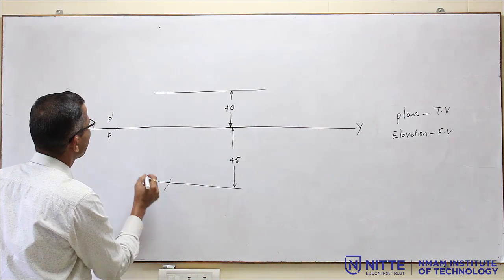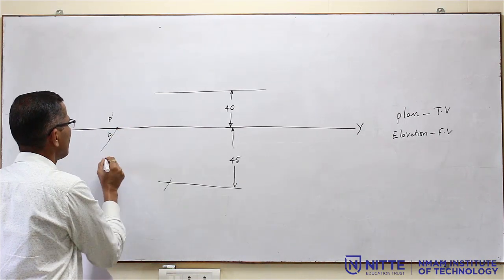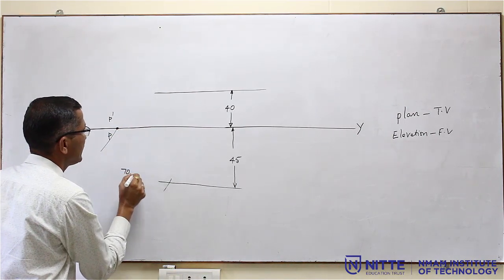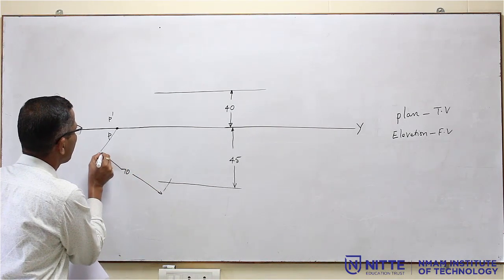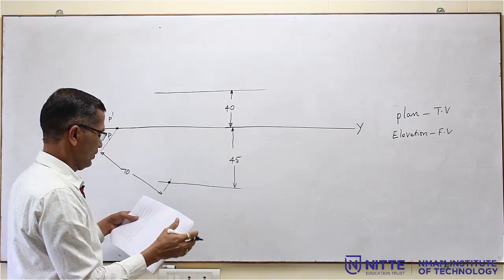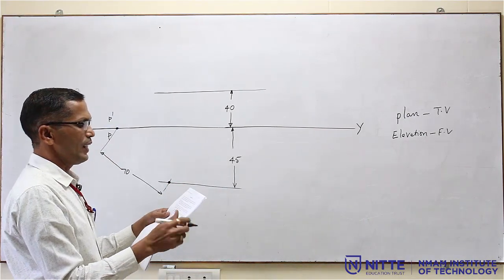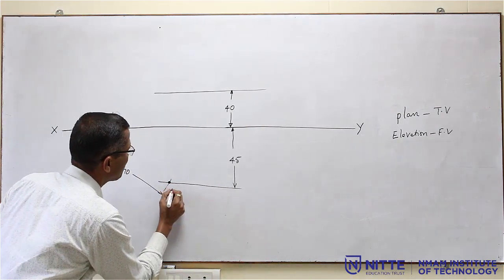So, this distance will be 70 mm because it is given in the problem, the line joining their plans. Plan means top view. So, now this becomes the point Q.